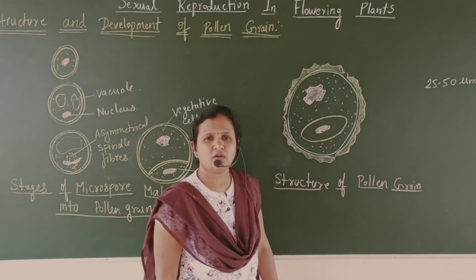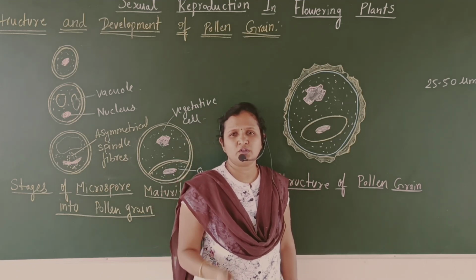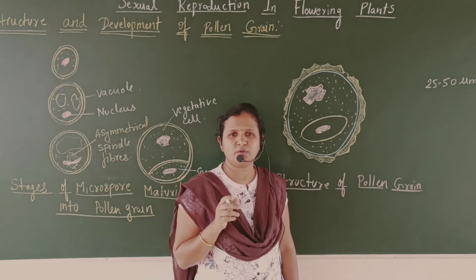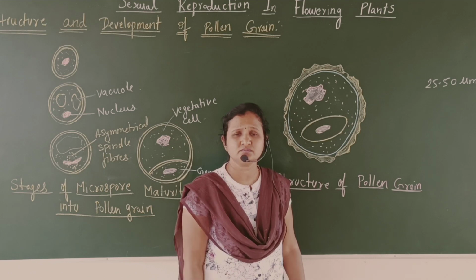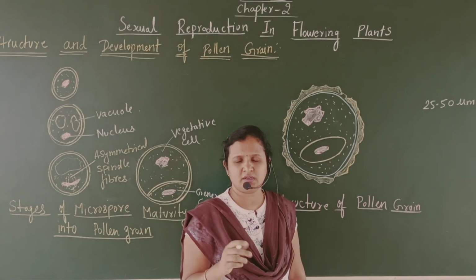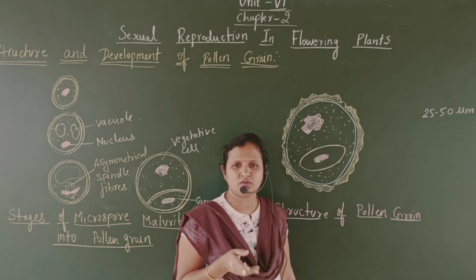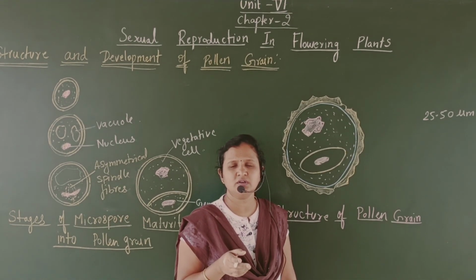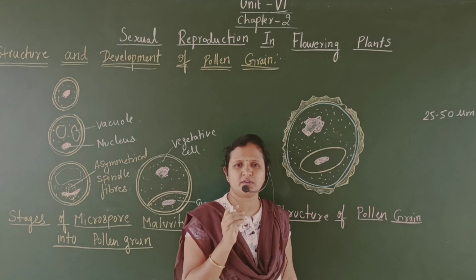It is very small, so to observe it you have to use a compound microscope. But when they are in a mass, you can observe them with the naked eye.